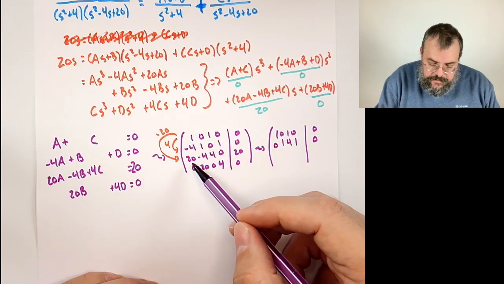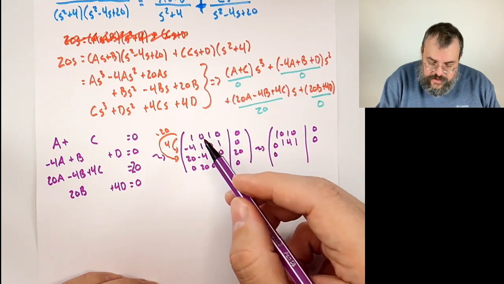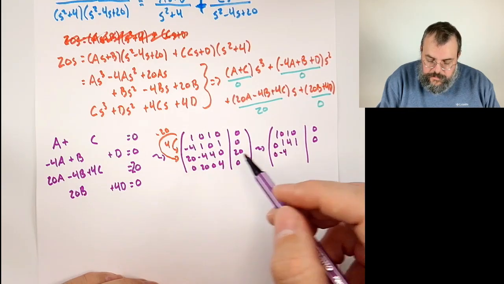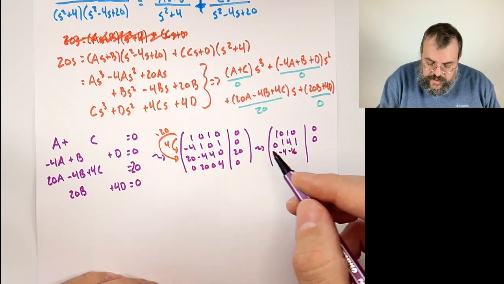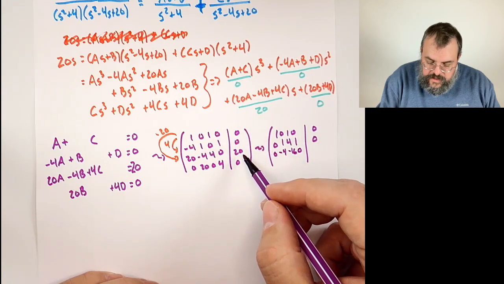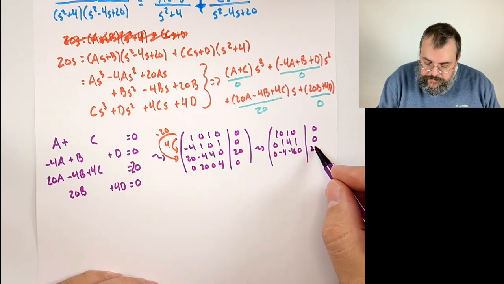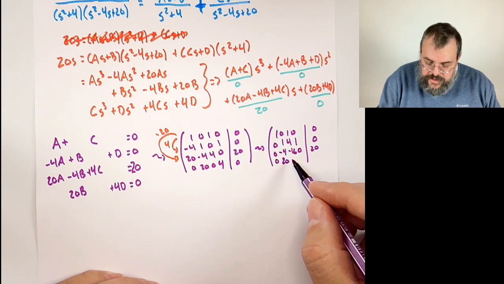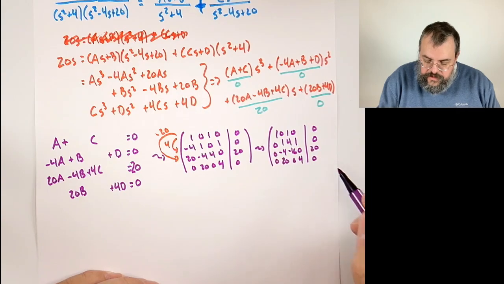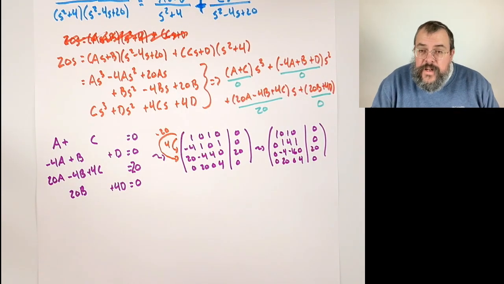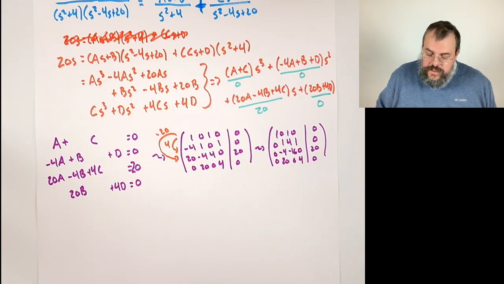Negative 20 plus 20 makes 0, negative 4. And then minus 20 plus 4 is minus 16, and 0. And here is 20. And then we have our 0, 20, 0, 4, 0.